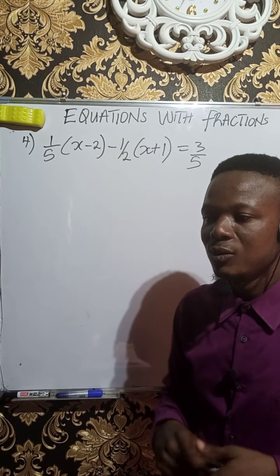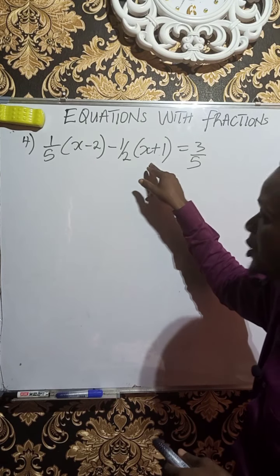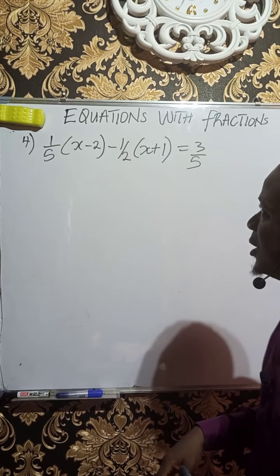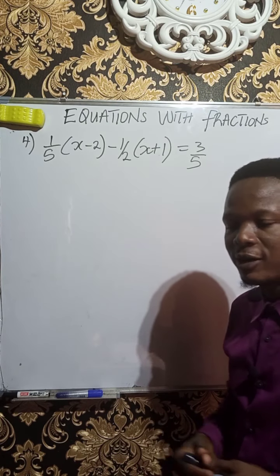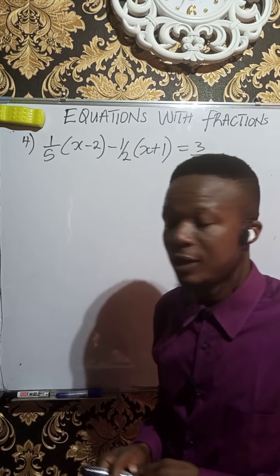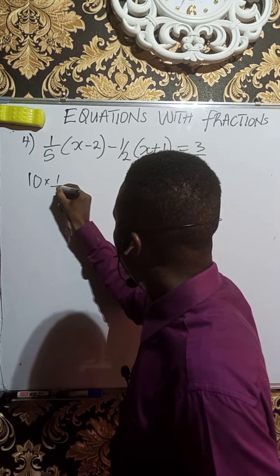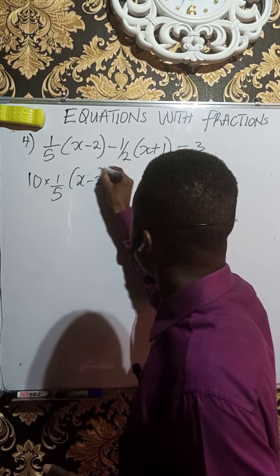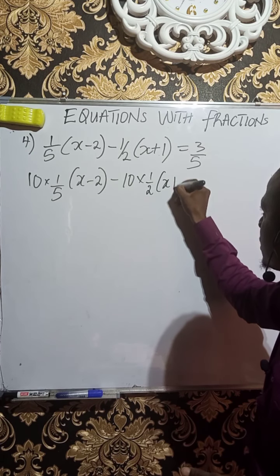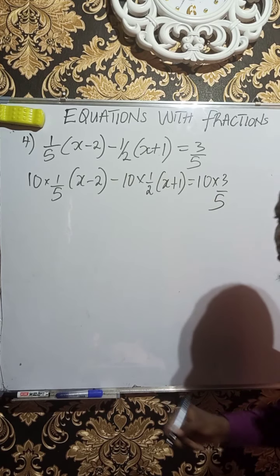Okay, in the last question we'll have 1 over 5 into x minus 2 minus half into x plus 1 equals 3 over 5, and the LCM here should be 10, the LCM of 5 and 2, so we've got to multiply every individual term of this equation by 10. So we'll have 10 multiplying 1 over 5 into x minus 2 minus 10 multiplying 1 over 2 into x plus 1 equals 10 multiplying 3 all over 5.